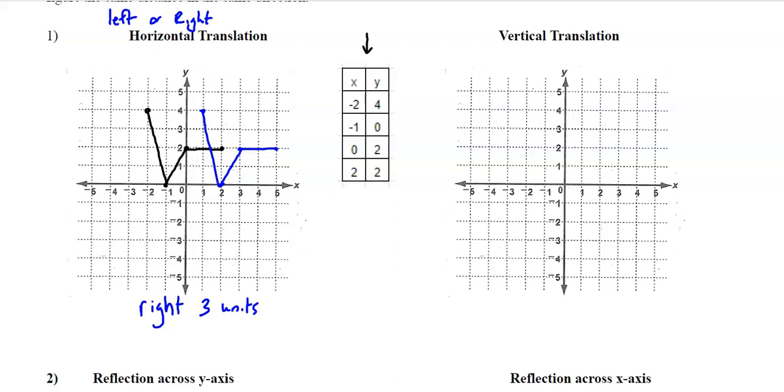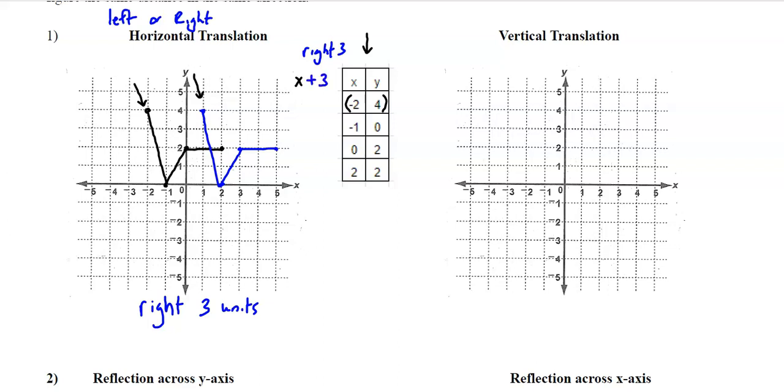Now, if you notice the coordinates, when we went right 3 units, let's see what happened to our x. Originally our x was at -2, 4, right here, which is that point. Our new point is now going to be right here at 1, 4. So what happened to the x was we took our old x value, and when we went right 3, we added 3 to our x coordinates.